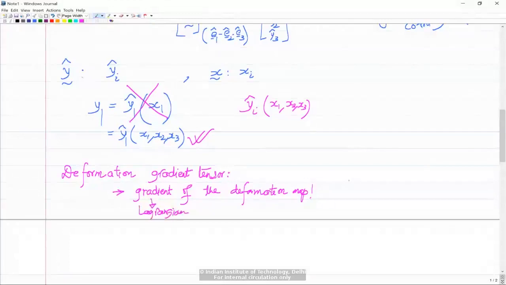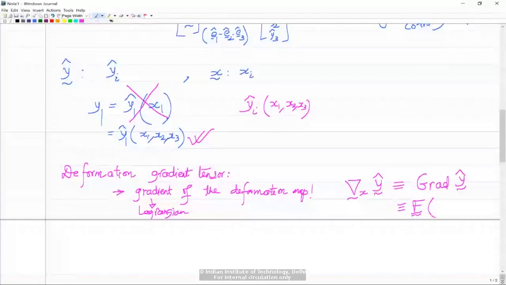We write it as grad x of y hat, with a big G. In short it is written as big F, and since it's a second order tensor, it comes with two tildes.